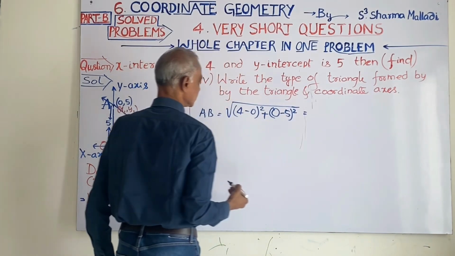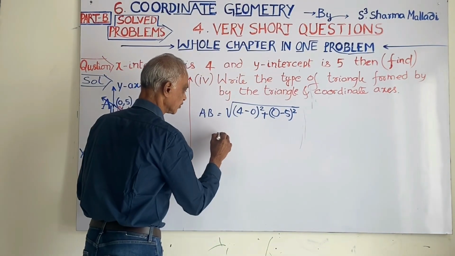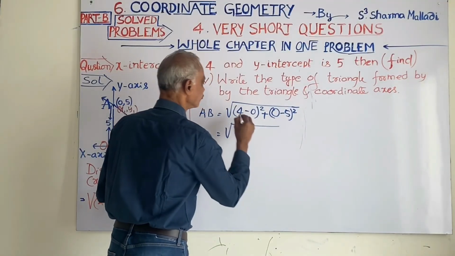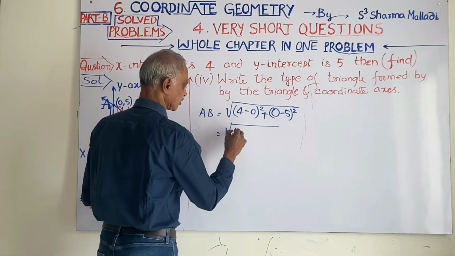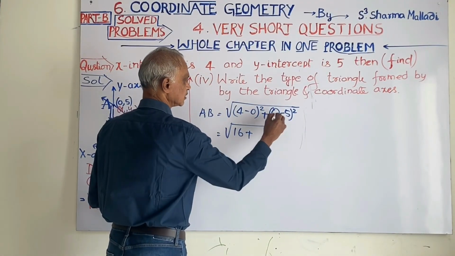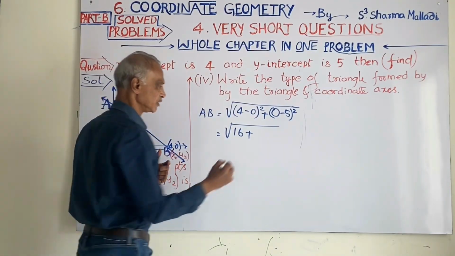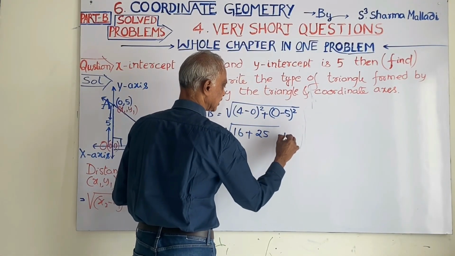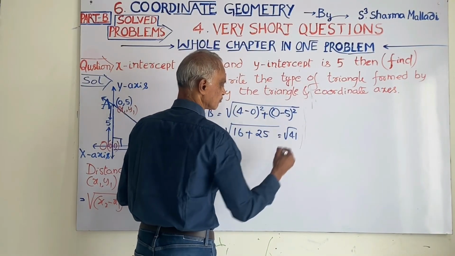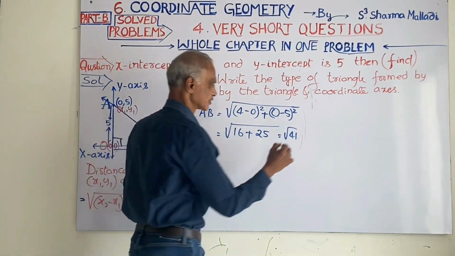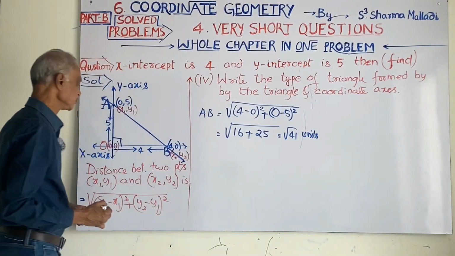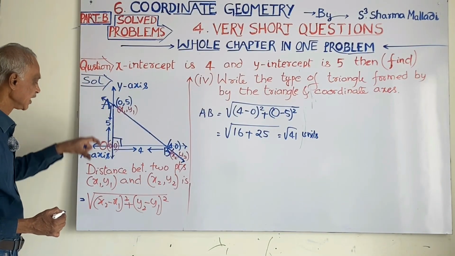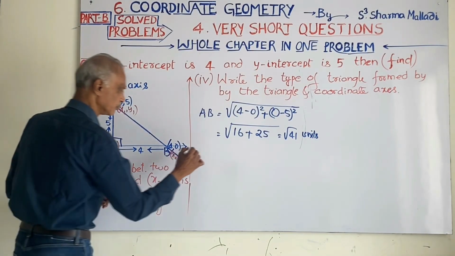Now 4 minus 0 whole square means 4 square, that is 16, plus 0 minus 5 square means 25. 25 plus 16, you will get root 41 units. Next you find the distance between A and O.